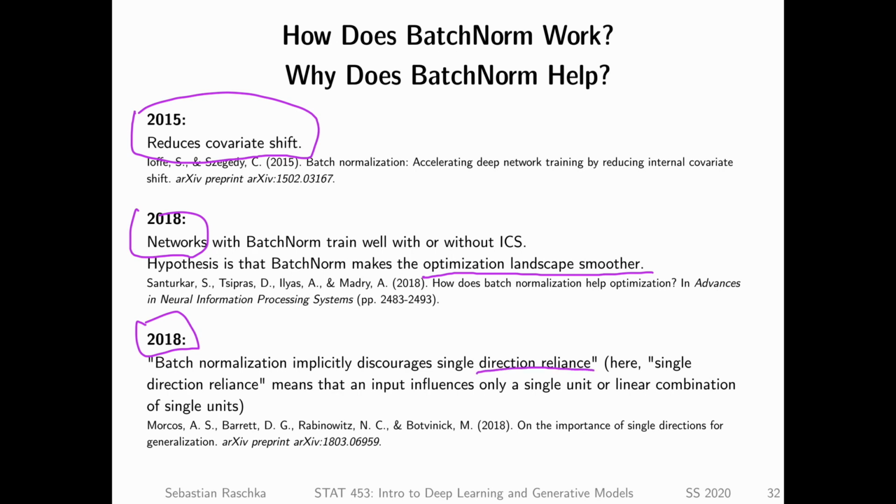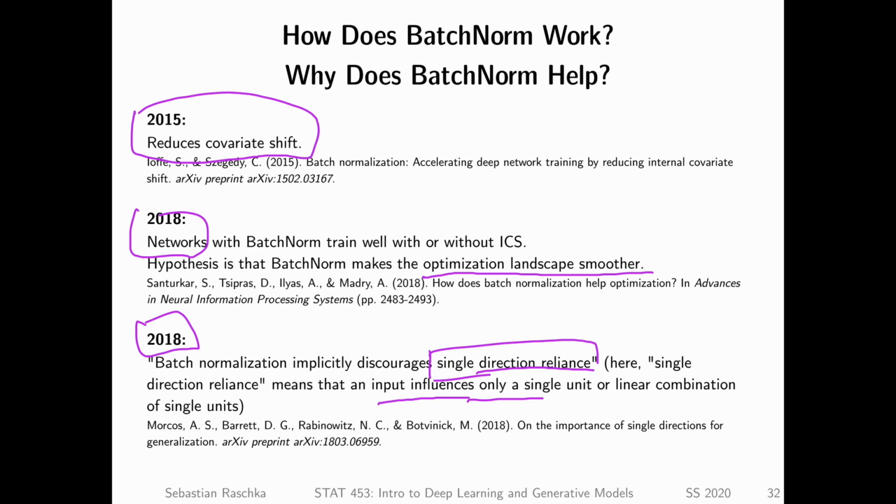What that means is that a single input influences only a single unit or a linear combination of units in the next layer. So this is similar to what we talked about in Dropout, where, let's say, there's a one-to-one correspondence between two layers. So we sometimes depend on single individual units.